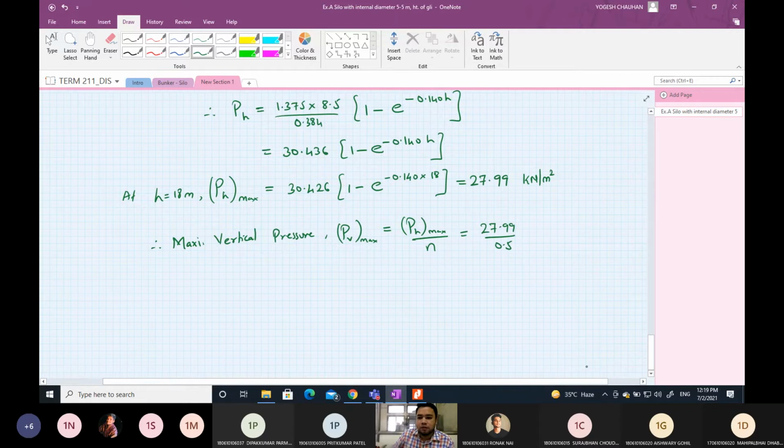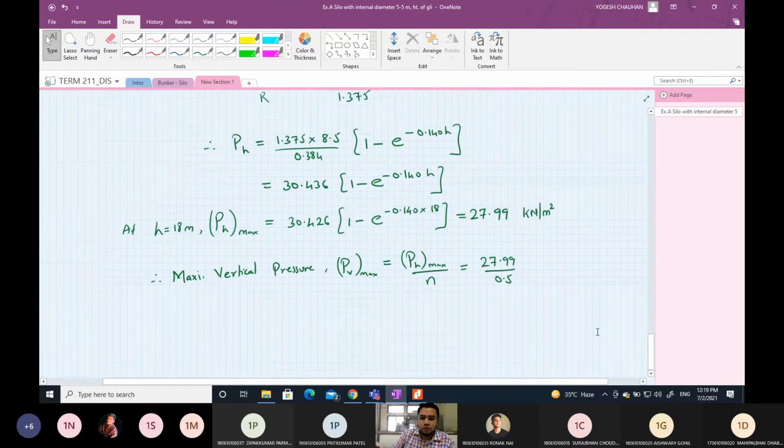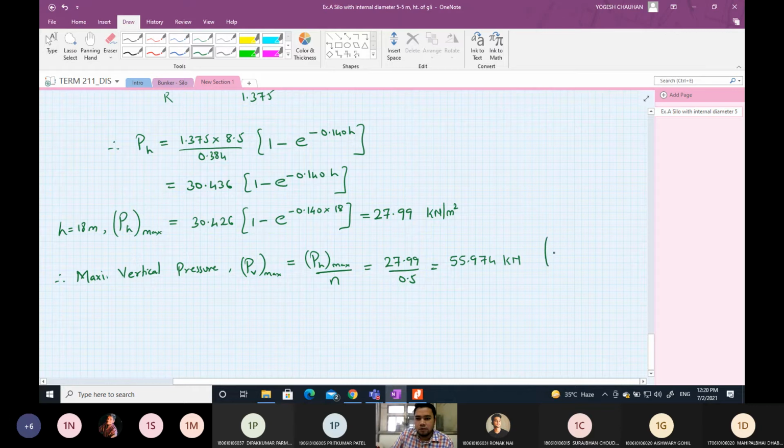For filling it is 0.5. So this will be 55.974 kilonewton per square meter. Note that because N is equal to pH by PV, we can write PV is equal to pH by N.